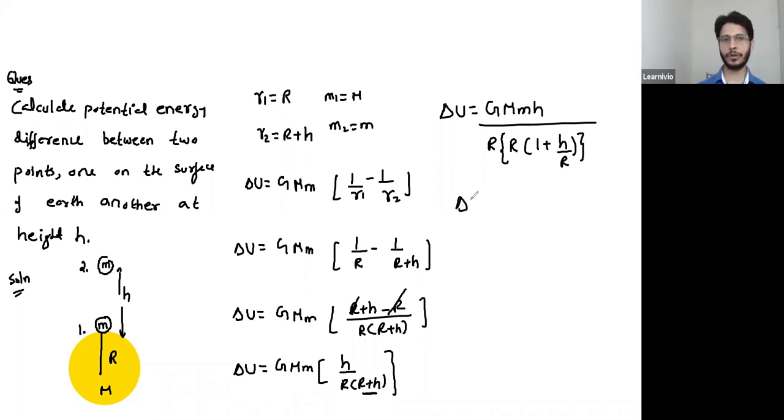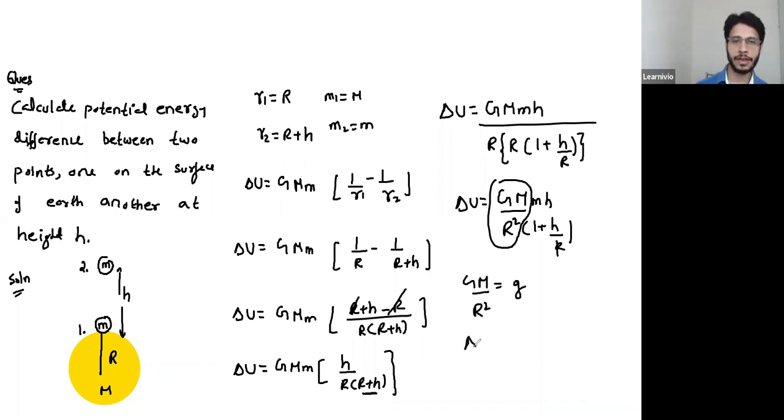So this change in potential energy comes out to be GM by R square into 1 plus H by R into mH. Okay, what is this GM by R square?